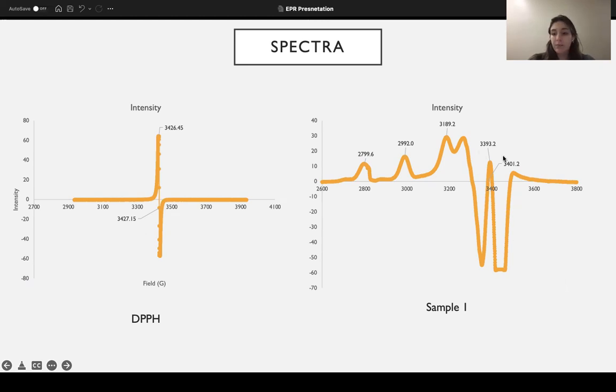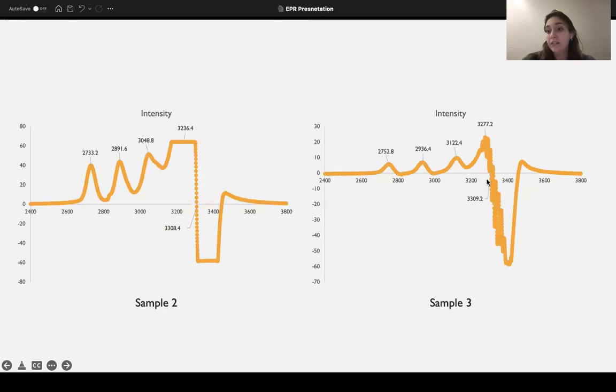It shouldn't have this dip here, but I essentially ignored that because it's the only spectrum I have. And I counted this peak as the fourth peak and this point where it crossed the x-axis.